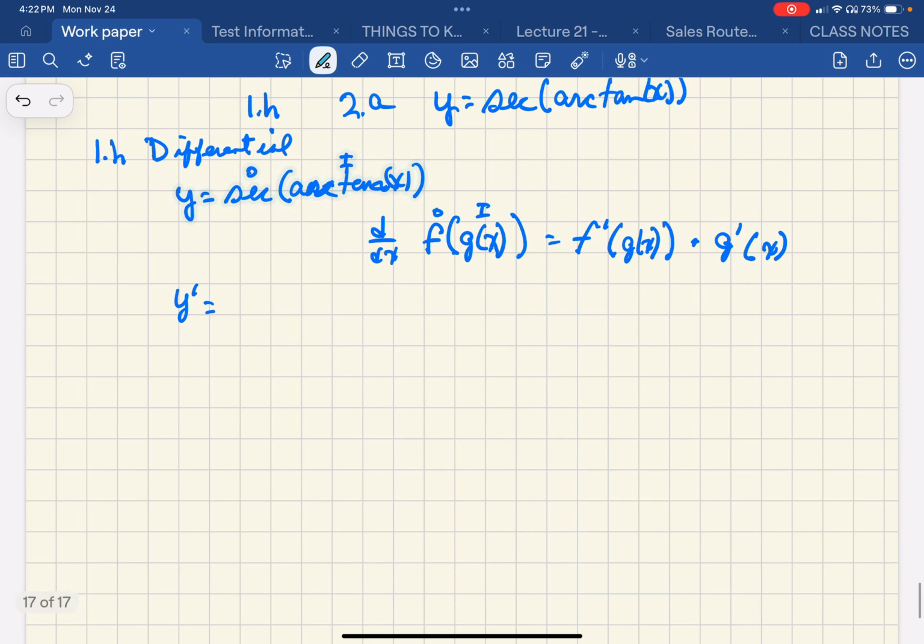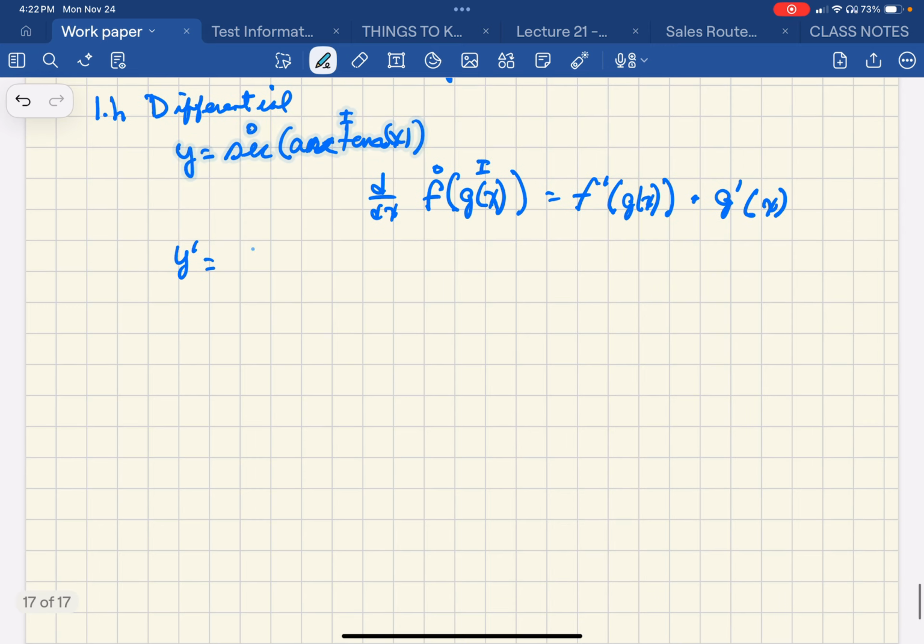So first, differentiating the outside function, we will have the secant of the arctangent of x times the tangent of the arctangent of x.